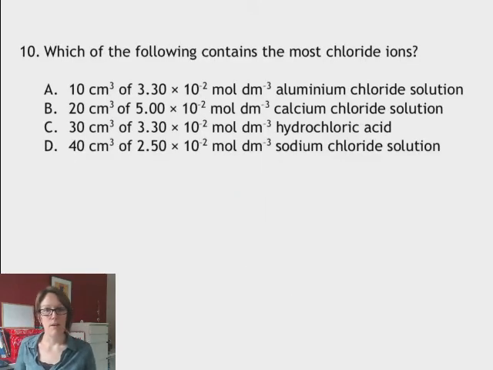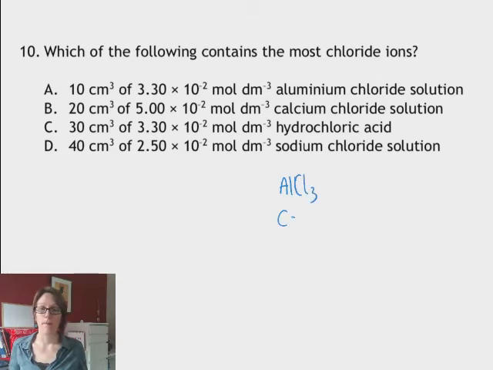Okay, number 10, the last one. The number of chloride ions involved. So you need to know about your formulae in this one. You can't just jump to conclusions and do mole calculations straight off. For example, aluminium chloride, aluminium is in group 3. Calcium chloride, calcium is in group 2.